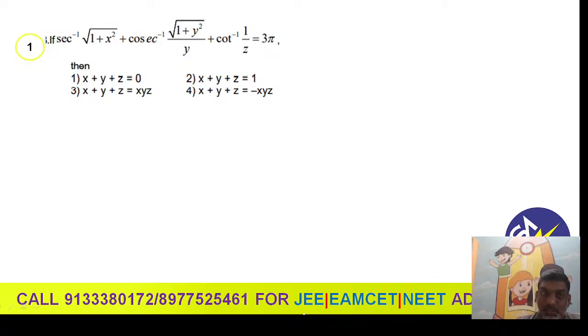Here secant inverse of x plus cosecant inverse of y, formulas we have to apply. Secant inverse of under root of 1 plus x square is there. If it is secant inverse of under root of 1 plus x square, then what do you get here?